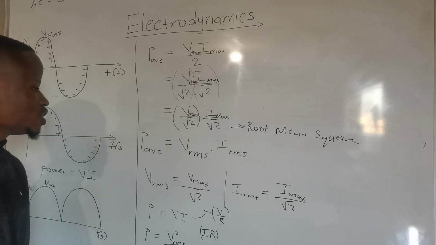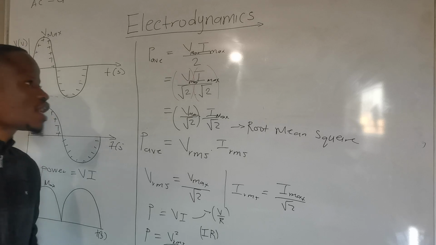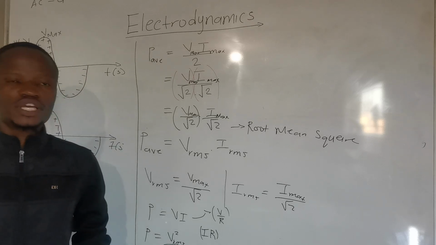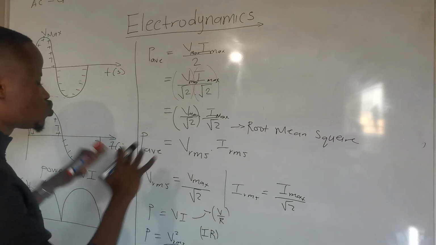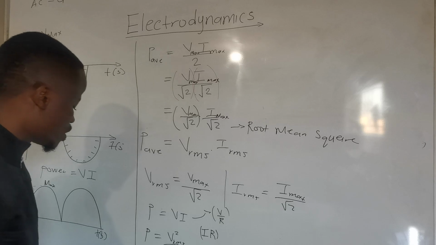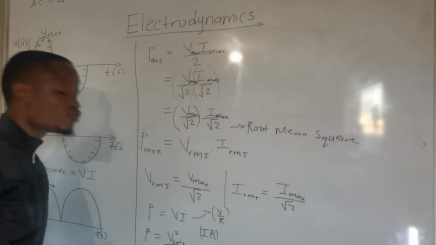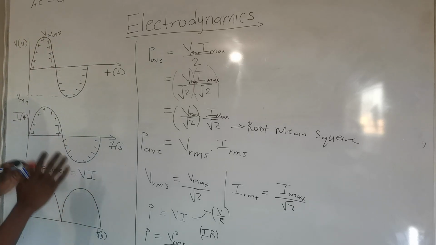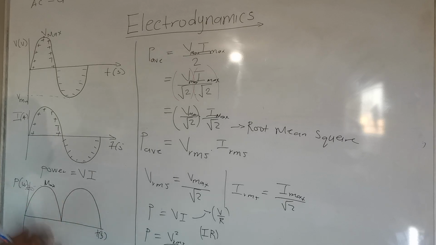Where there is V, it is going to be VRMS. Are we together, guys? I don't want to stress you too much with the formulas, because you are going to find them inside the formula sheet. So this is what actually this topic is all about.